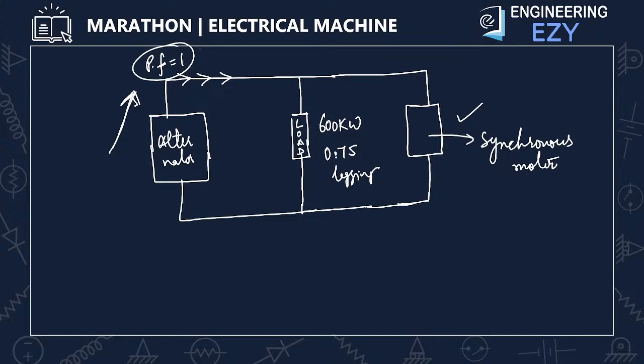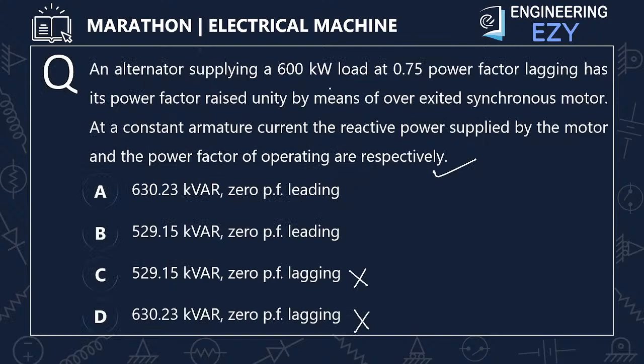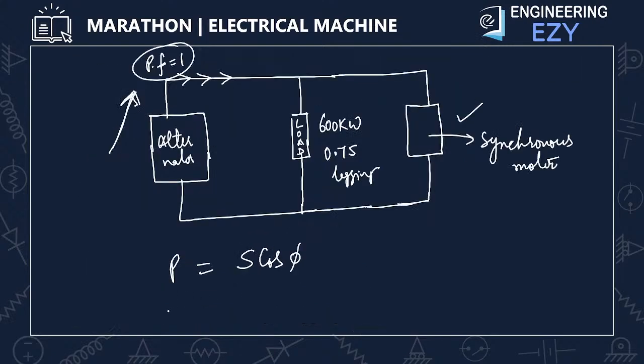So it is 600 kilowatt and 0.75 power factor. S cos phi is equal to P. P is given as 600 kilowatt, and cos phi is given as 0.75. So what is S?